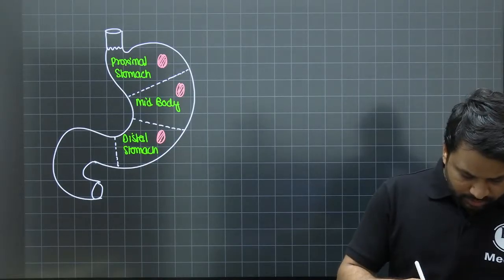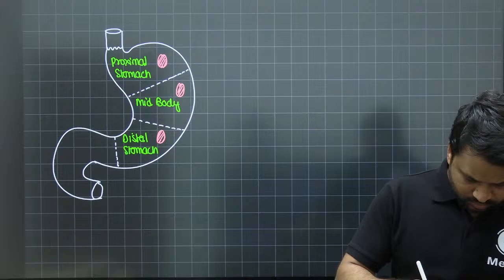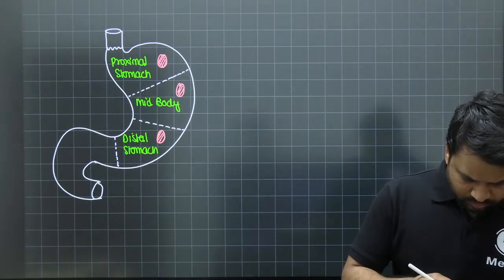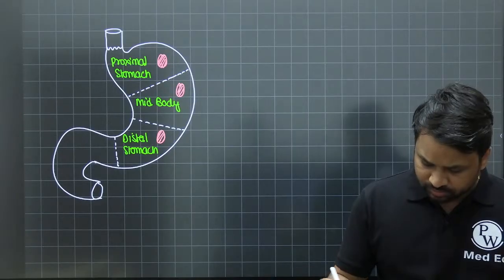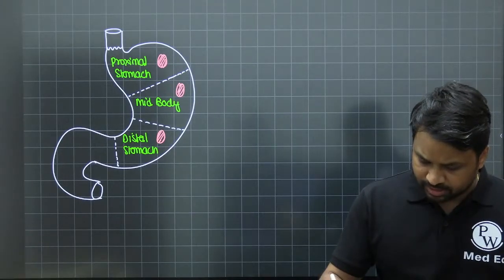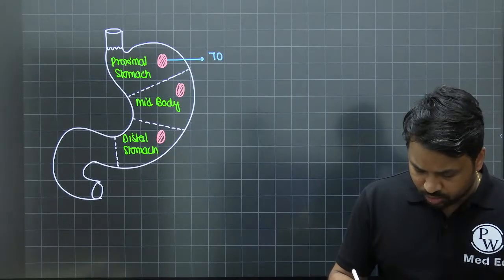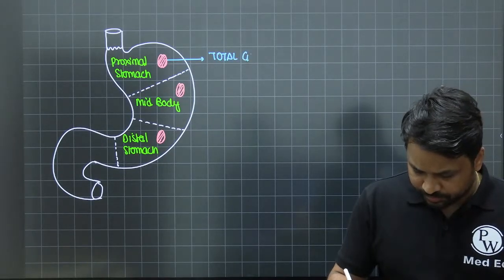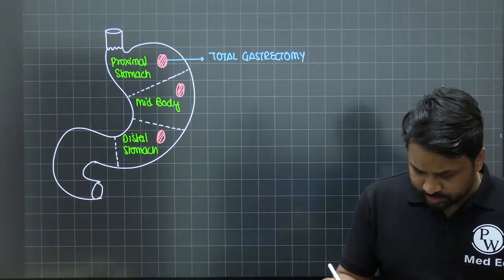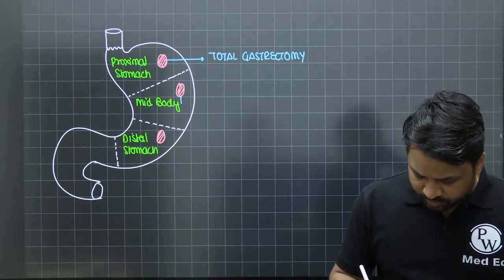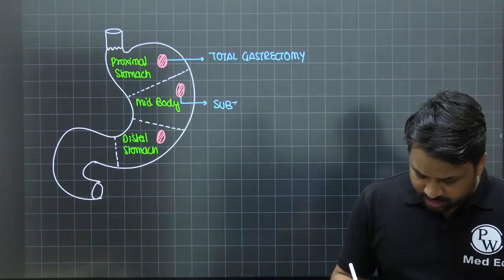Now, if you look at the whole context of it, if it is present in the proximal stomach, the current guidelines for the proximal stomach is going to be total gastrectomy. For mid body tumors, we do subtotal gastrectomy.